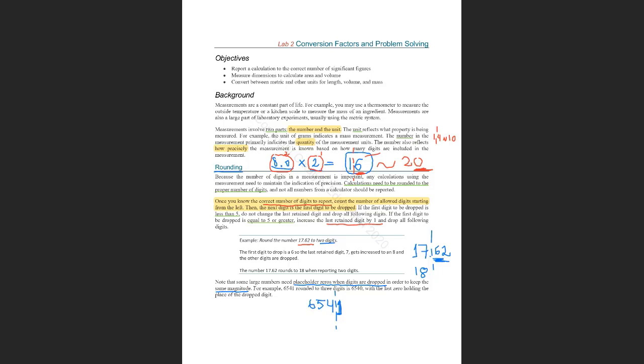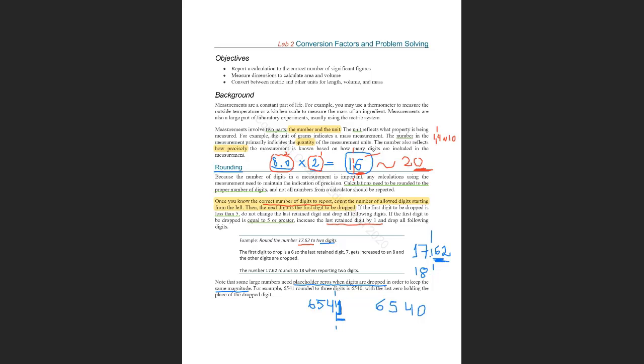In that case, we use placeholder zeros because the number to the right is 1. I don't have to increase the 4, so I rounded to this number, which is the same thing that happened up here when I had to round to 20.